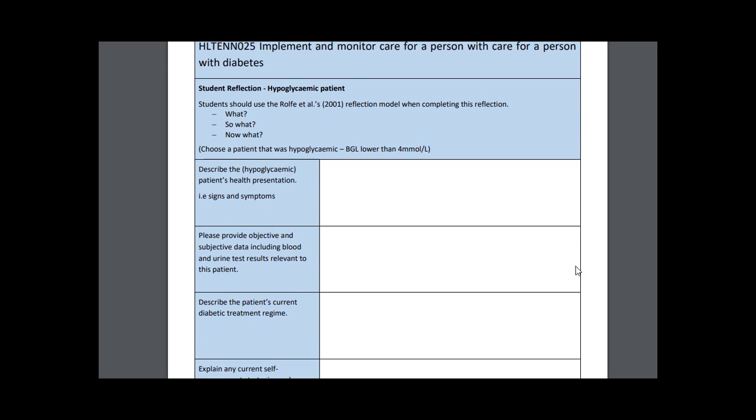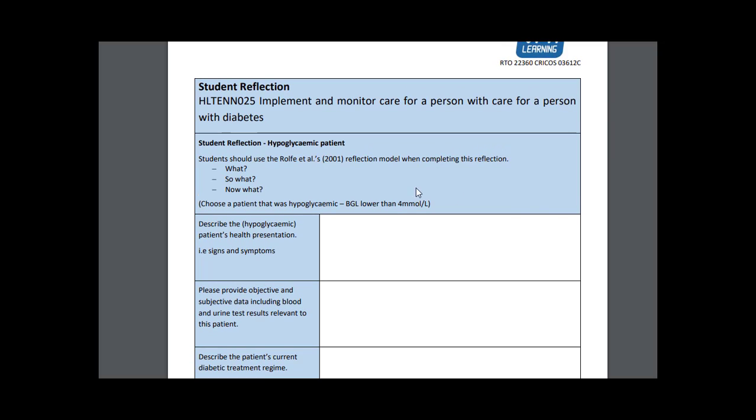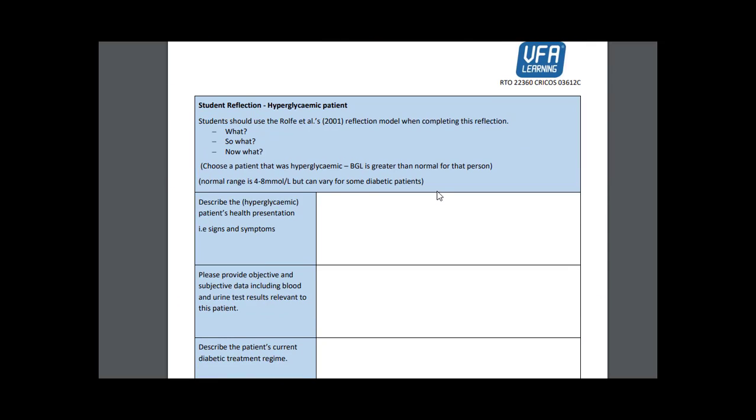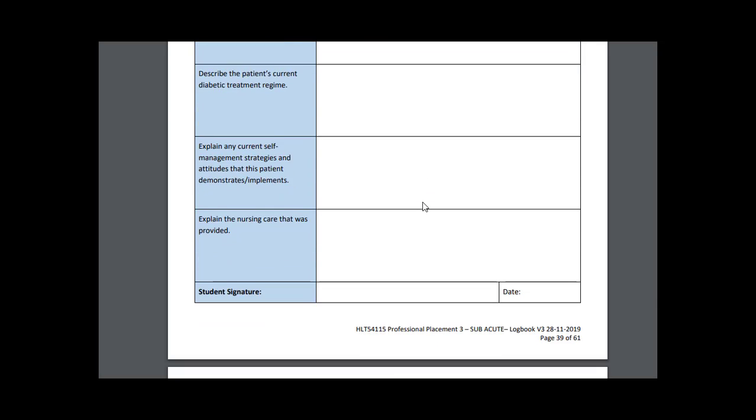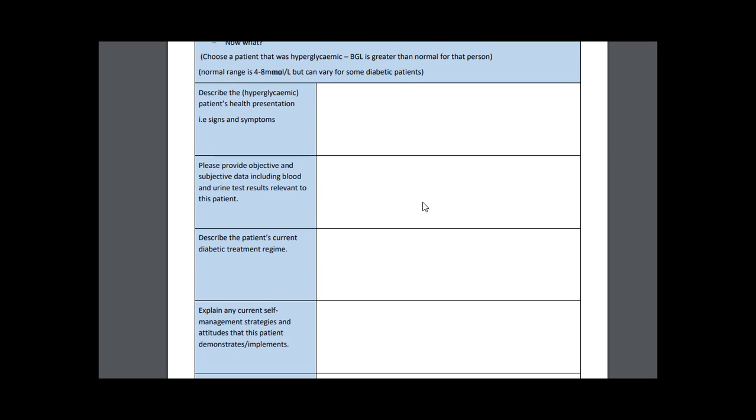Down here we have the reflection for the hypoglycemic person, as I said, blood glucose level lower than 4. And then the hyperglycemic was blood glucose over 8. And then obviously the reflection includes describing how the patient presented, the signs and symptoms.